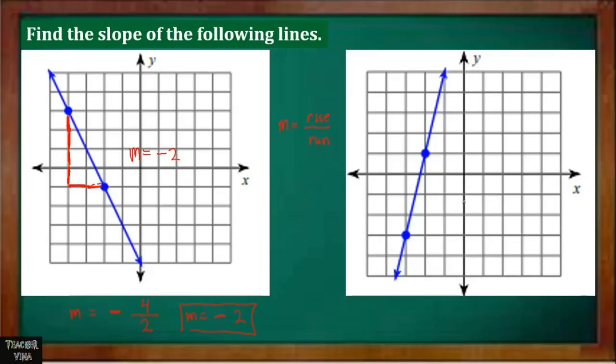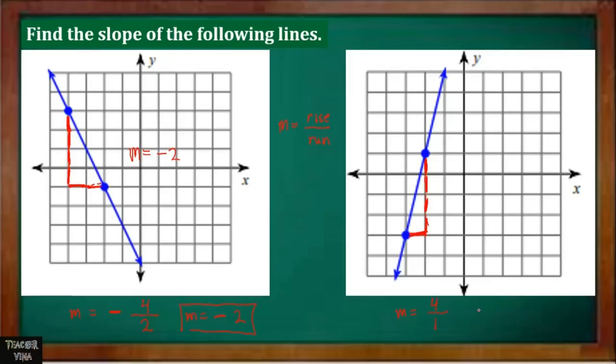And then, for the next graph, the slope is equal to, now, since this is uphill, therefore, we will have a positive slope. And then, let's connect the 2 points using a triangle. And then, count natin yung rise. 1, 2, 3, 4. So, this is 4 over 1.